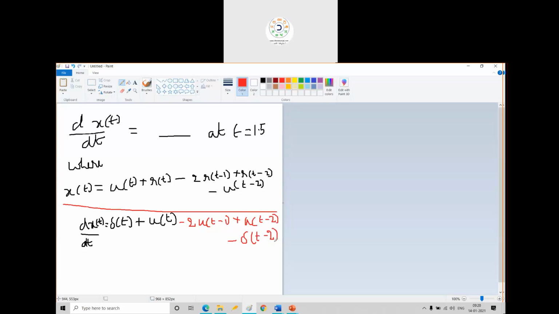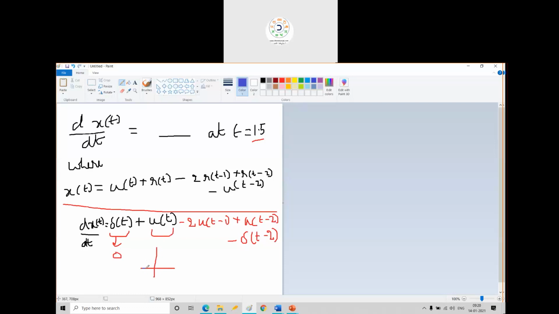Now let us find the value at t equal to 1.5. We know that delta of t equals 0 if t is not equal to 0. So when I substitute t equal to 1.5, this value goes to 0. Now u of t, how will the graph look?